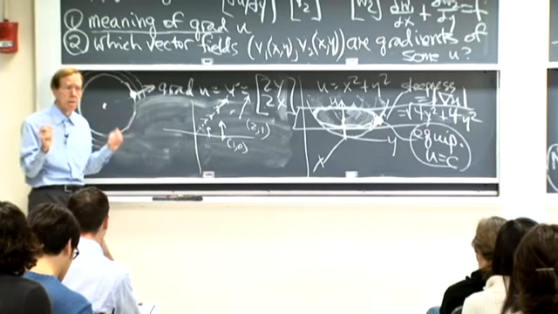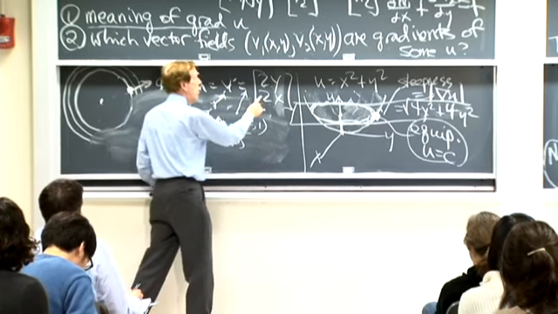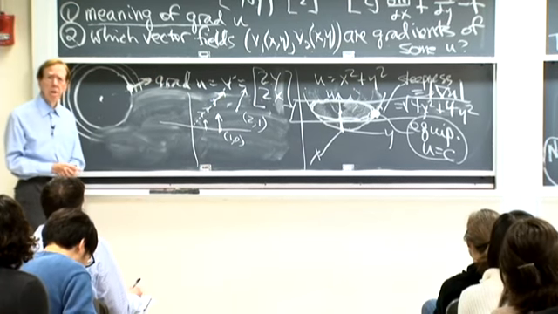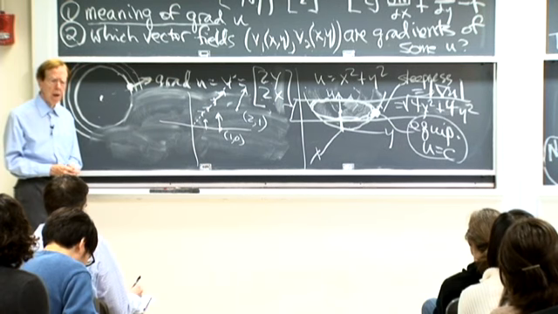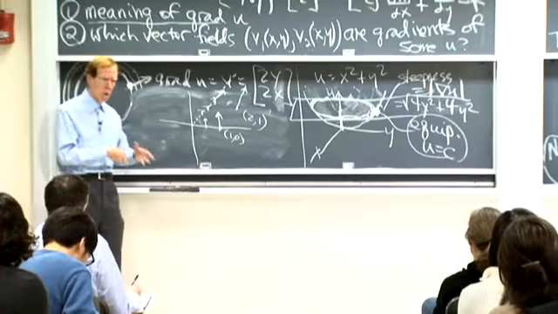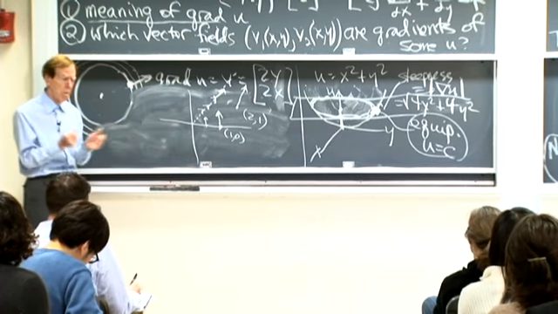Yes, right? dv2/dx is 2, and dv1/dy is 2. So what's the conclusion then? It satisfied my little test. So this must be the gradient of some u, right?